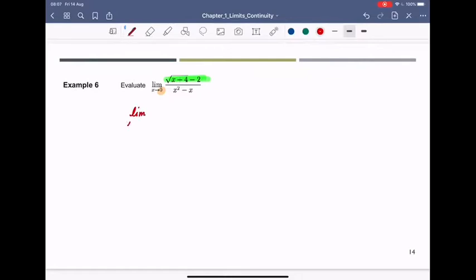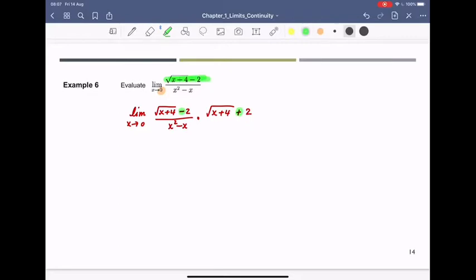So it's gonna be the limit as x approaches 0 of (square root of x plus 4, minus 2) over (x squared minus x). This is just your original problem. And then I am going to multiply by its conjugate, which is square root of x plus 4, plus 2. I just switch the sign from negative to positive, right?